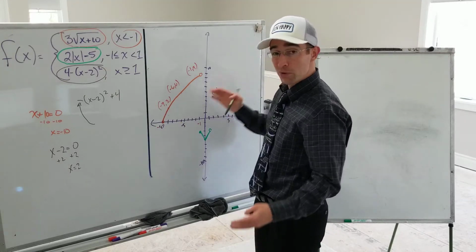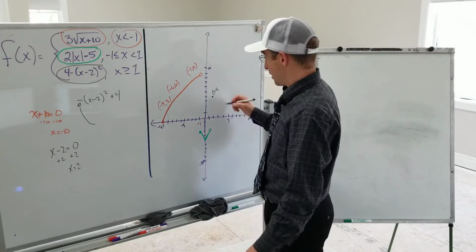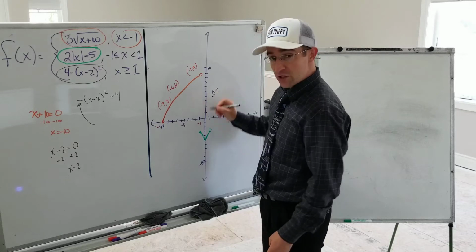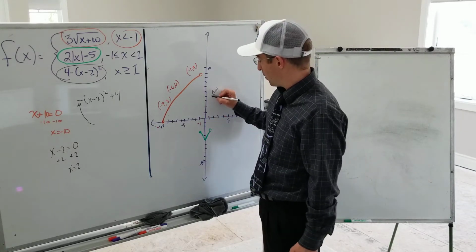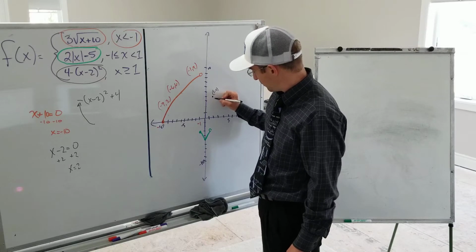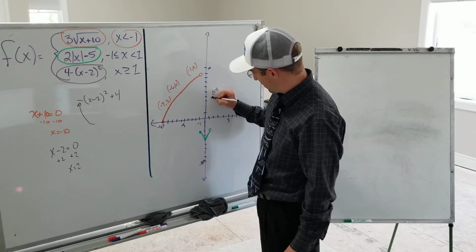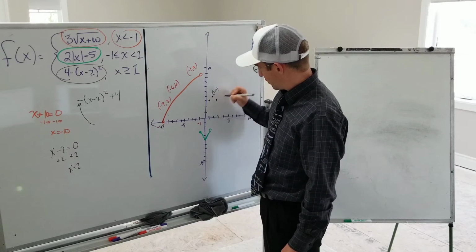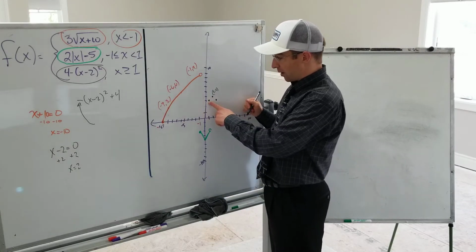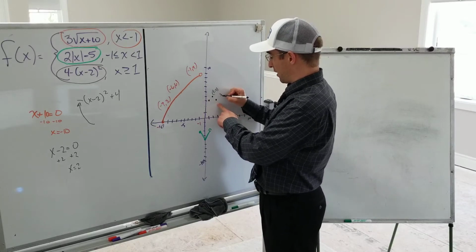So instead of going up, I'm going to go down. Normally I would go over 1 on each side, up 1 for a squared, because 1 squared is 1. Now I'm going to go over 1, down 1. So I'm at 1, 3, and I'm at 3, 3.